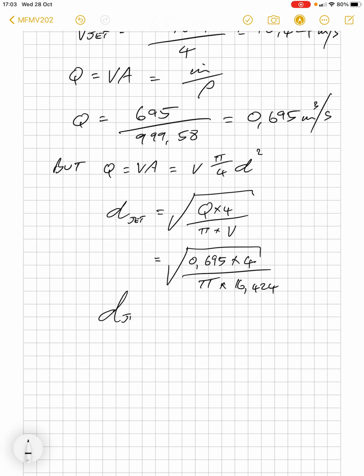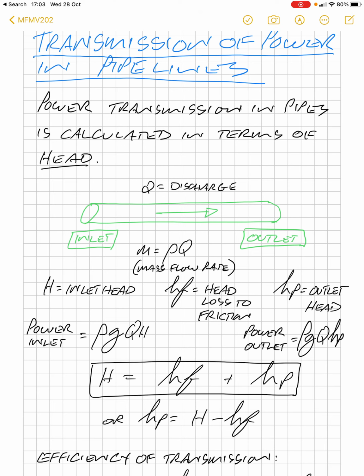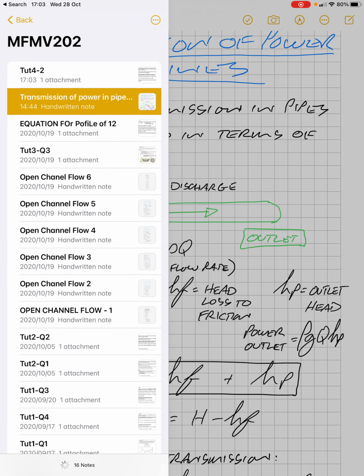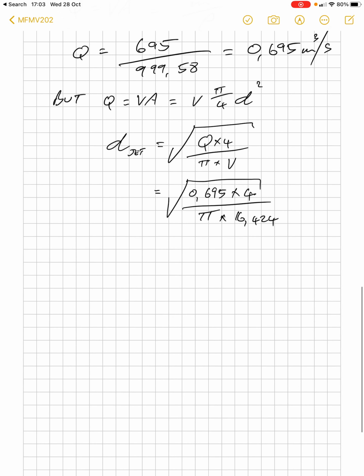And our diameter of the jet is equal to 58 millimeters.